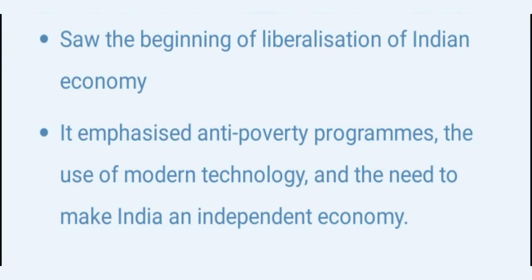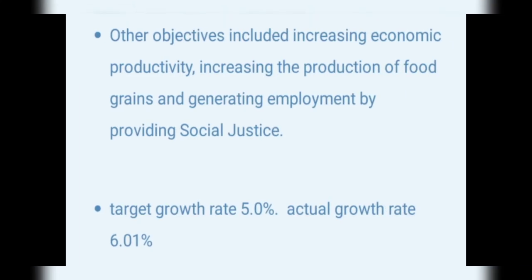It emphasized anti-poverty programs, the use of modern technology and the need to make India an independent economy. Other objectives included increasing economic productivity, increasing the production of food grains, and generating employment by providing social justice.